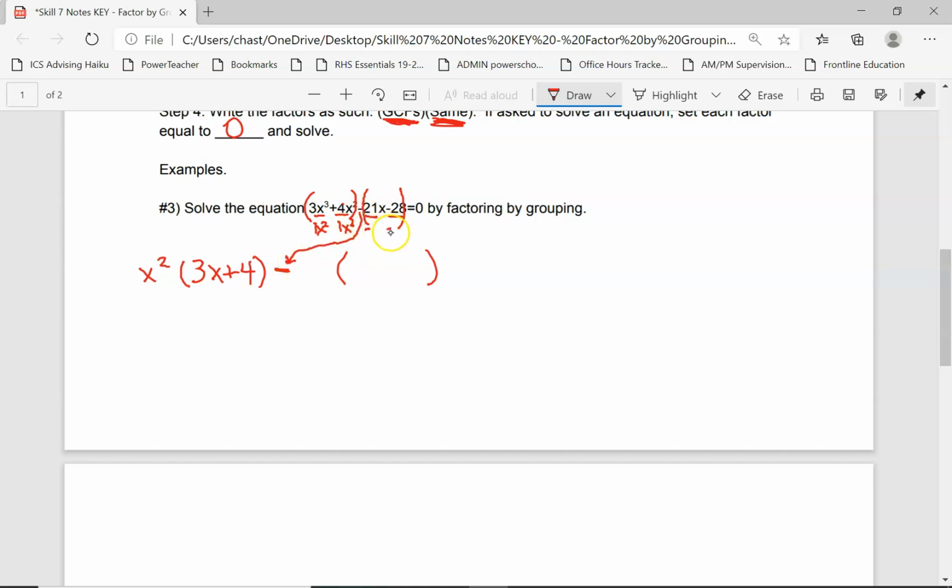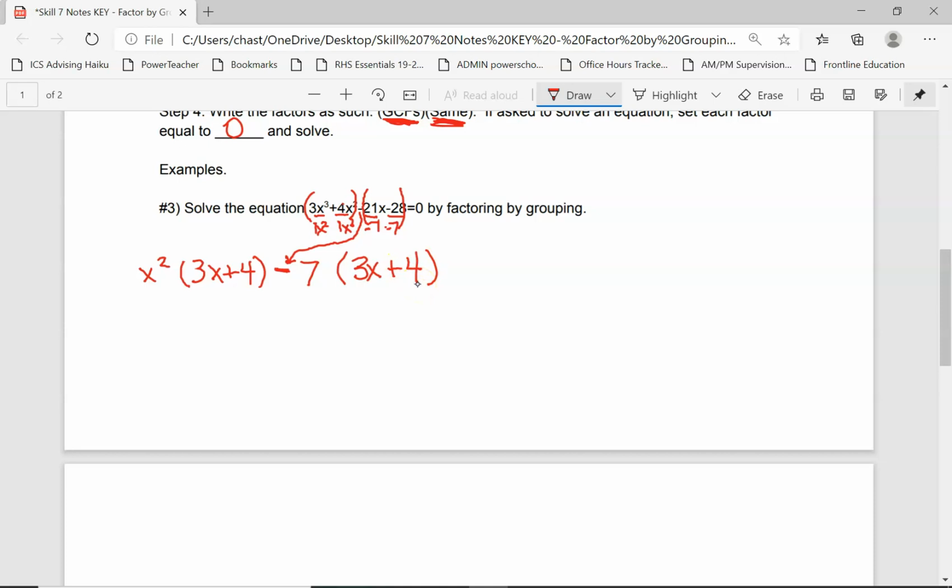So you're going to be dividing these terms by a negative number, and it will be negative 7. Okay, so I bring the minus 7 out to the front, and then I divide these terms by negative 7. So negative 21x divided by negative 7 is positive 3x. And negative 28 divided by negative 7 is positive 4.